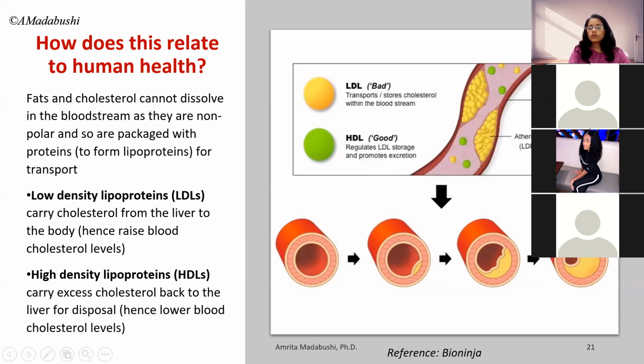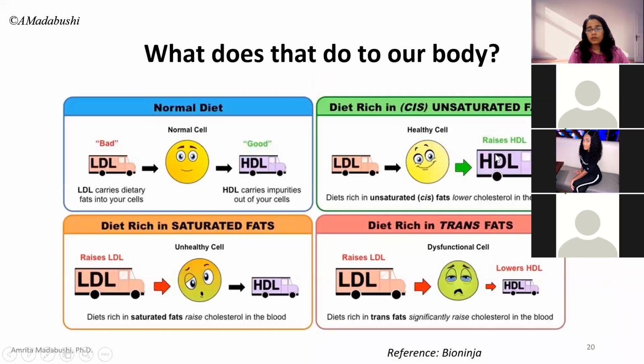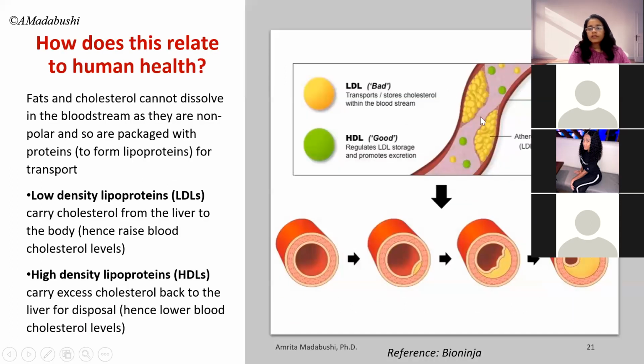Okay. So if you see here, the artery, this is low density lipoprotein accumulation. So we don't really want a lot of this. Now remember, the truck has gotten bigger on that side, which was not a good thing. So you don't want too much of this, because what this will cause is it will obstruct the flow of the blood.